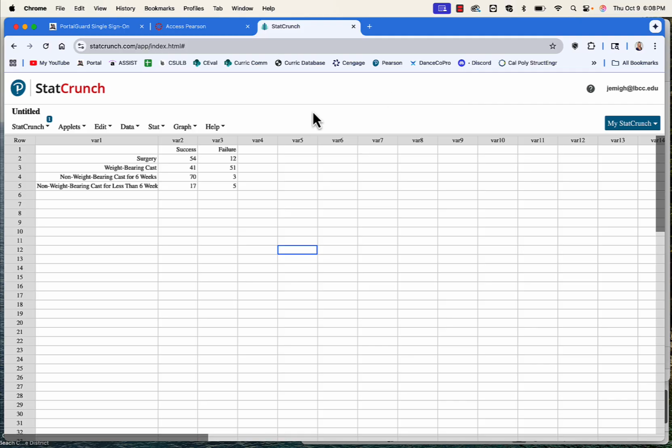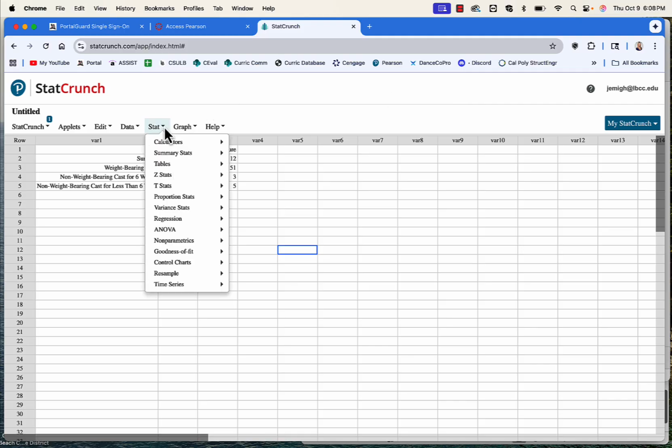Okay, when we get to StatCrunch, we go to Stat, and we're looking for the program called Contingency, but we won't see it here. It is a subgroup of tables. So go to the Tables menu, then Contingency, and we're going to run this program based off of the summary of the data that we were given.